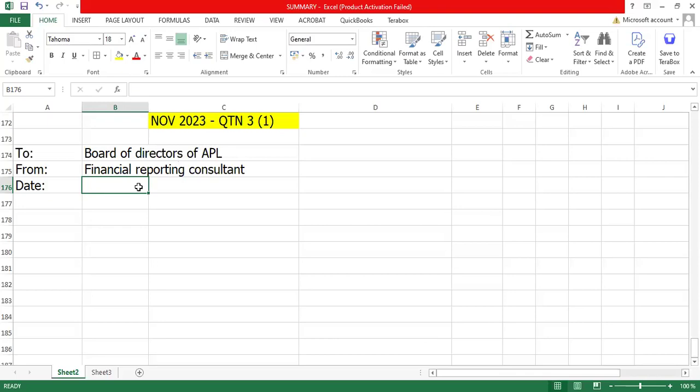Exams commence on 18th August, and advanced financial reporting is on the first day. So let me say 18th August, but they might add a week. That is just my assumption. 18th August 2025.